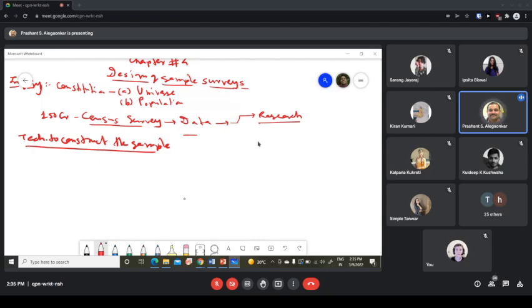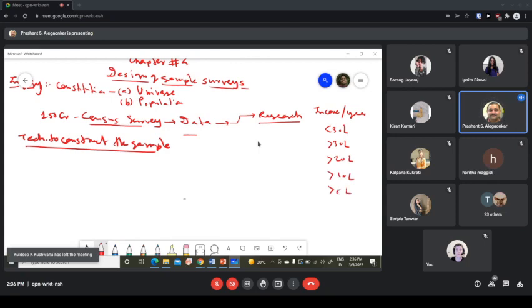For example, if you want to collect data on income, in the present situation, for such surveys, we know it only in bands, income per year, something like greater than 30 lakh, then less than 30 lakh, less than 20 lakh, less than 10 lakh, less than 5 lakh, less than 1 lakh, and so on.